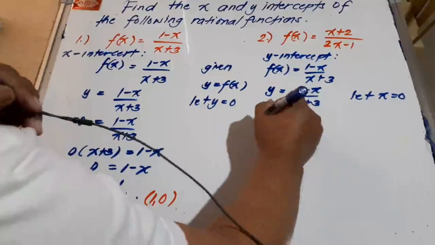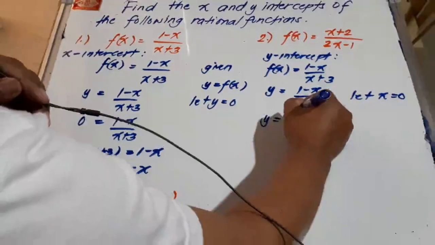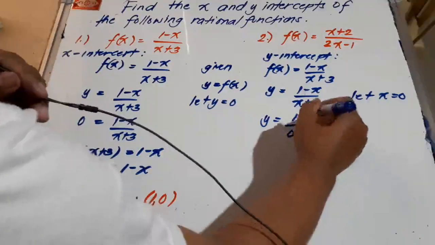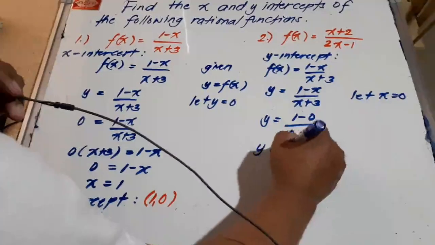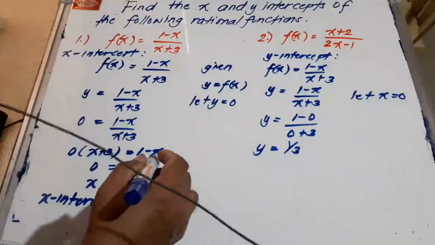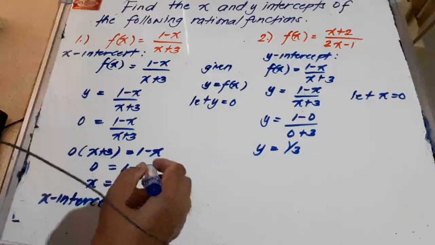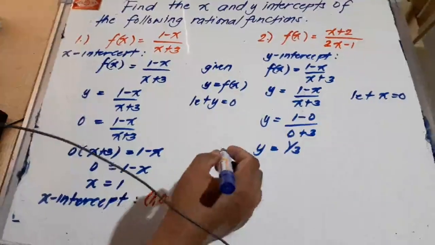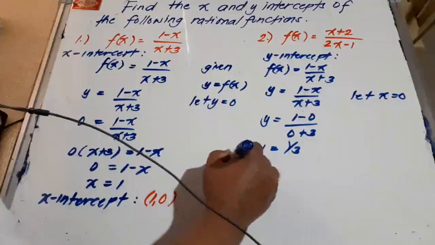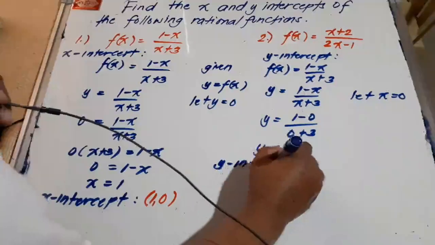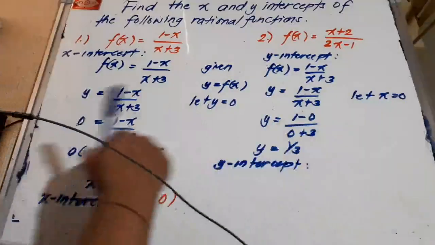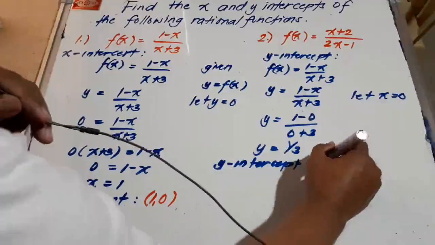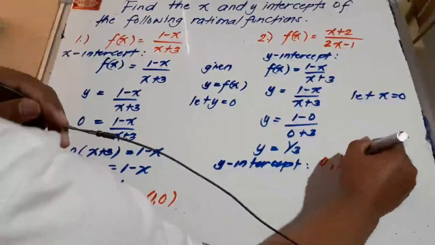So if x is 0, we have y equals 1 minus 0 over 0 plus 3. Therefore, y equals 1/3. Ibig sabihin yan, yung ating y-intercept is located at (0, 1/3).